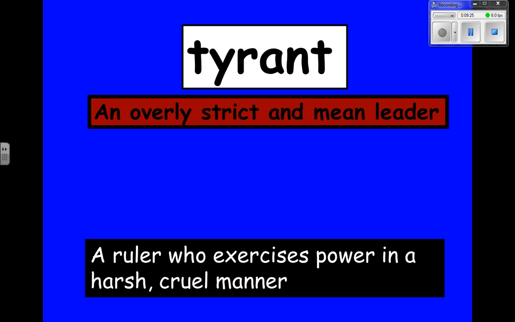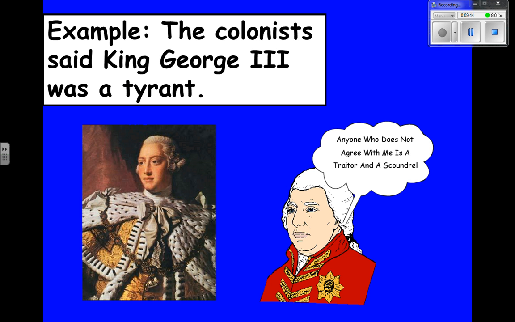The leader of Iran, the leader of North Korea, or Saddam Hussein, these people that have committed crimes against their own people. In this particular case, the colonists were always referring to King George III, calling him a tyrant. Well, the colonists looked at King George III as a tyrant because they really felt that he was abusing his power.